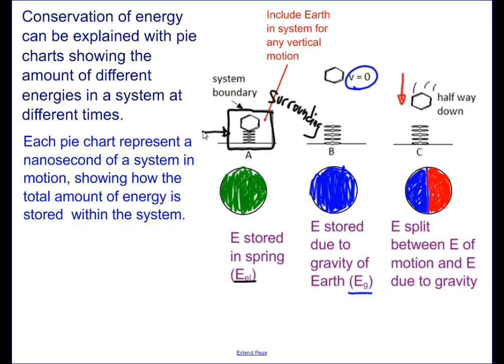If we look at our systems again, we can represent them as pie charts, 100%, and in this last example, it's 50% gravitational potential energy and 50% kinetic energy. Keep these things in mind. You can always come back to this video to check up as we go through some of the examples.